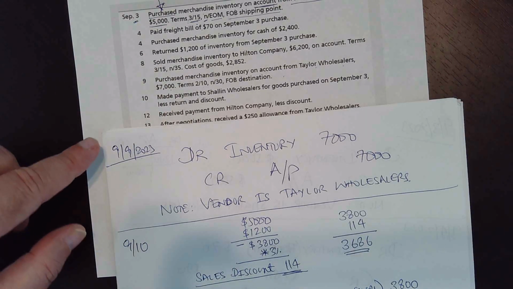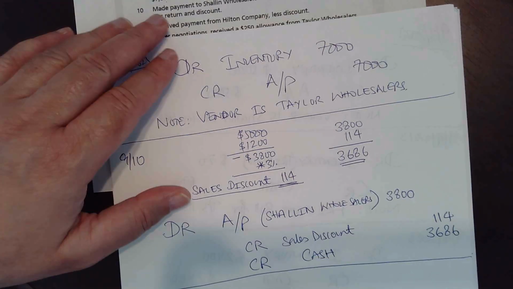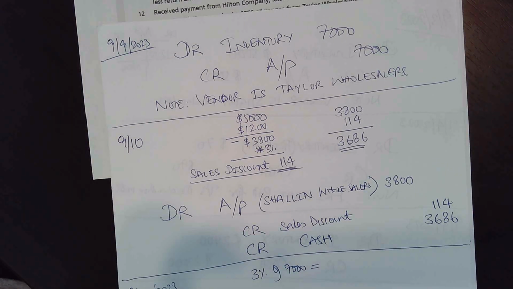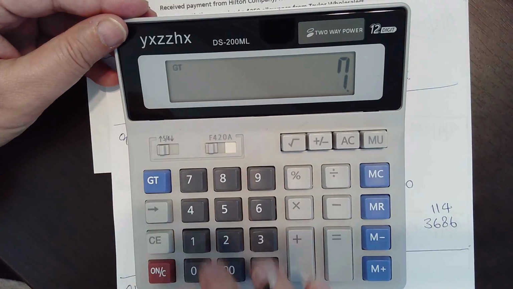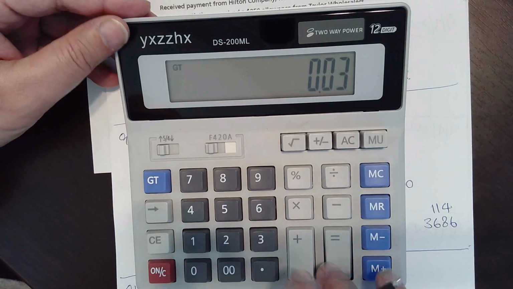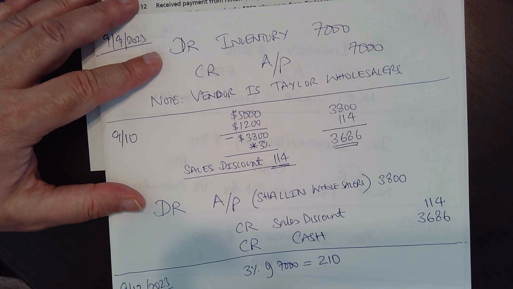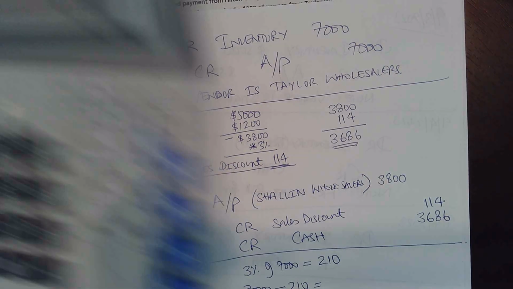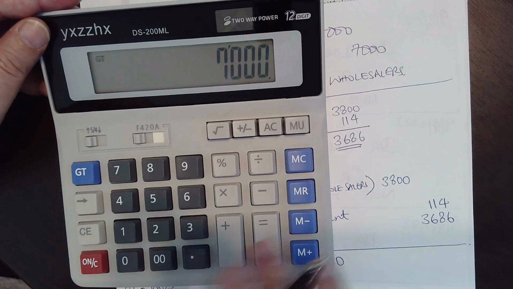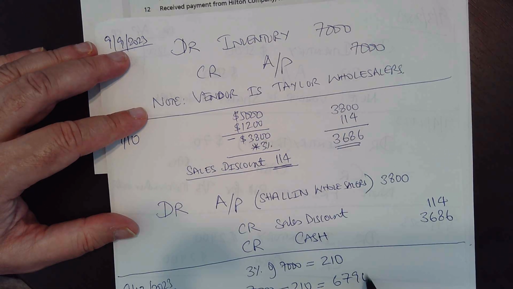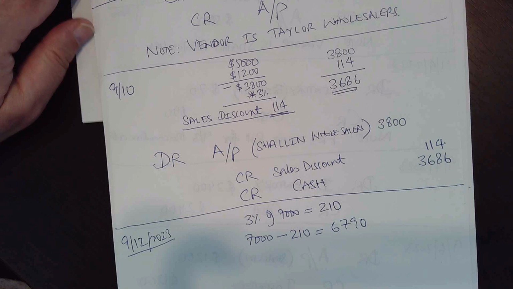So in this case, we have to calculate the 3% discount on $7,000. 3% of $7,000 should be equal to 210, but let's just calculate. 7,000 multiplied by 0.03 is $210. So instead of paying us $7,000, they subtract $210, and how much are we going to receive? 7,000 minus 210, we will receive $6,790.